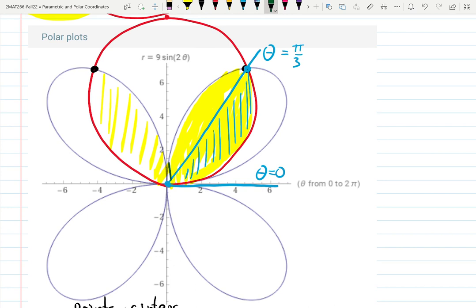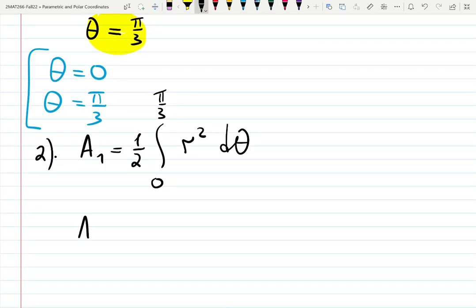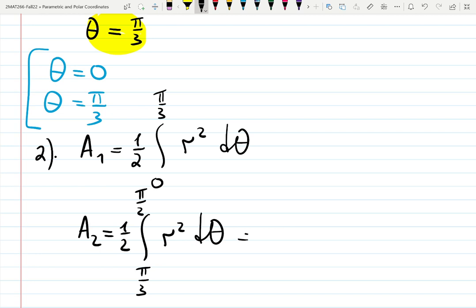The area in green continues. That's the other part of the leaf, and it's not half of it, so we cannot just double and move on. This area will be from the angle pi over 3 to, guess what? Exactly, pi over 2. So the second integral will be from pi over 3 to pi over 2. Area 2 will be 1/2 integral from pi over 3 to pi over 2 r squared d theta.